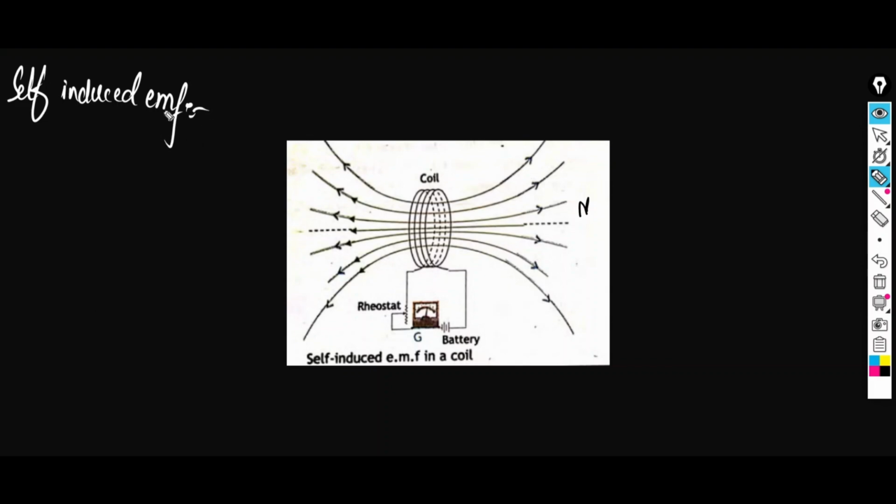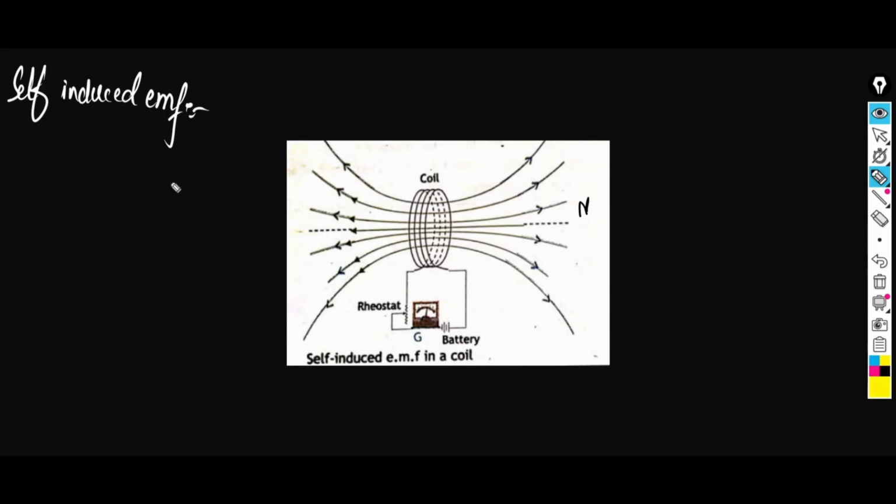That self-induced EMF is produced due to a change in magnitude and the direction of the magnetic flux, and that is linking with the same coil. Okay, so the EMF is induced here in this coil, and we call that a self-induced EMF.